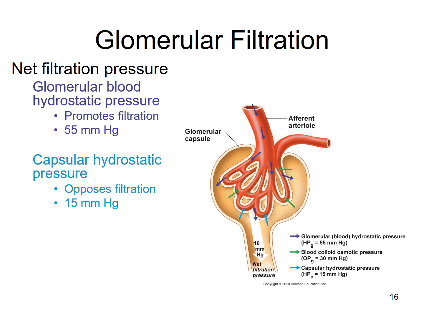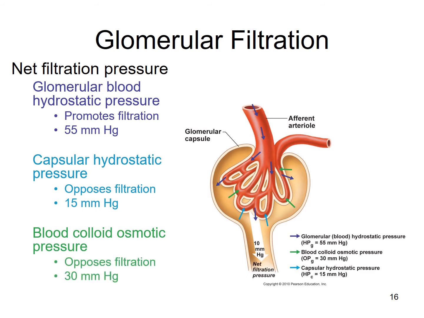It doesn't encourage filtration, it opposes it. The third force here is blood colloid osmotic pressure. And this is where some of the proteins of the bloodstream will exert osmotic pressure. What this does is it pulls fluid back into the glomerulus. And this also then opposes filtration. And it happens at about 30 millibars.